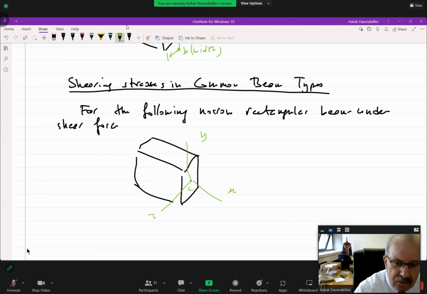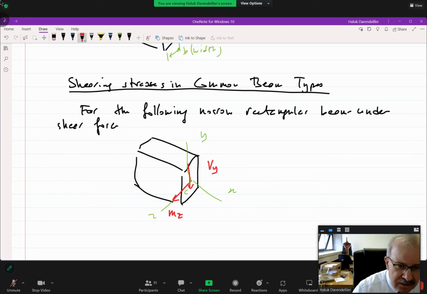Anyway, this is the centroid. Now look, if we have a shear force here, in the vertical direction, say that this is Vy. Of course, this should always be coupled with a moment, whether it is shown or not, Mz. This is our case, right?